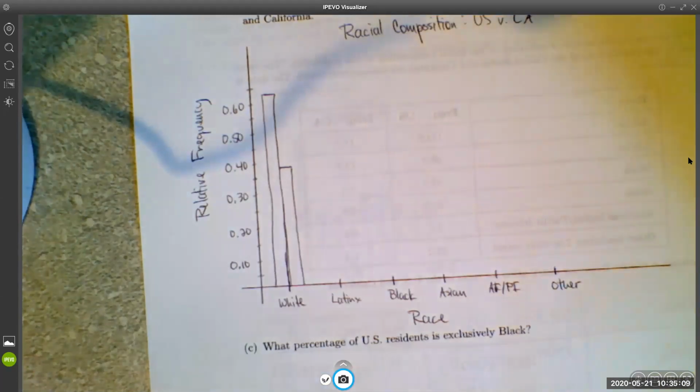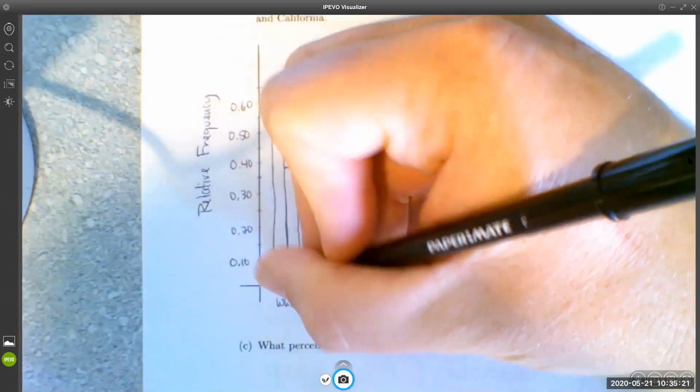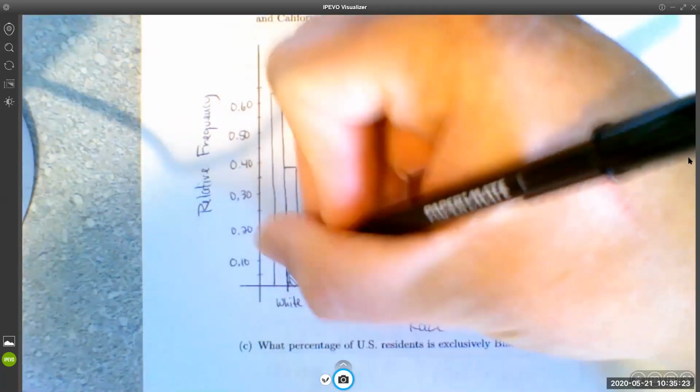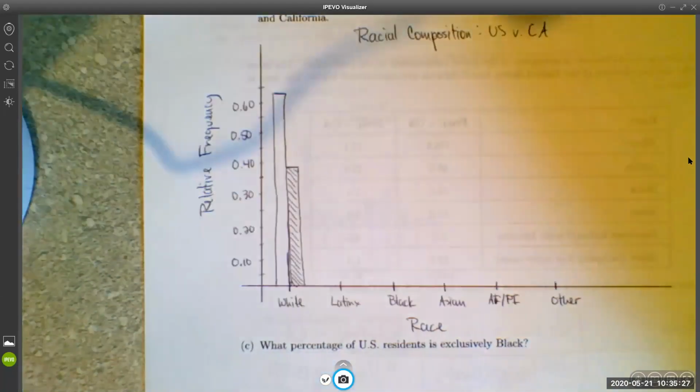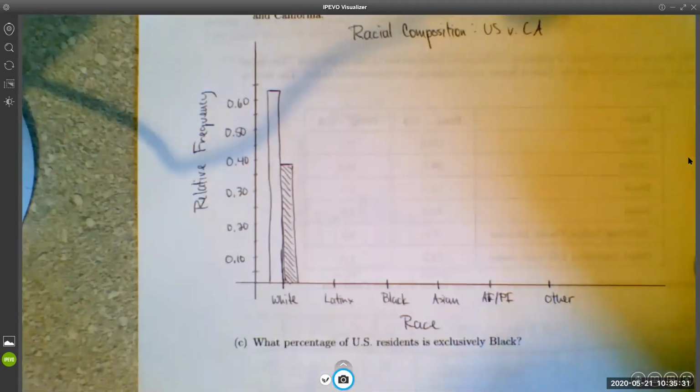Now to distinguish which bar represents which group, you can shade in one of the bars. If you have multiple groups that you're trying to compare, you could use different colors or different kinds of cross hatching to distinguish between the groups. In my case, I'm going to color in the California bar so that I know the bar that's not colored in represents the US data, and the bar that is colored in represents the California data.